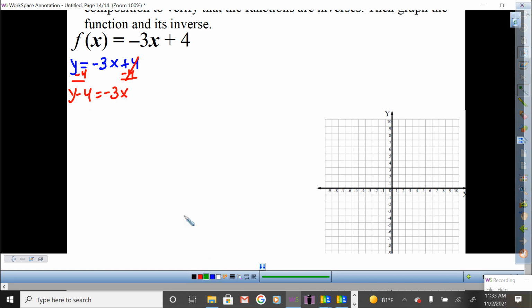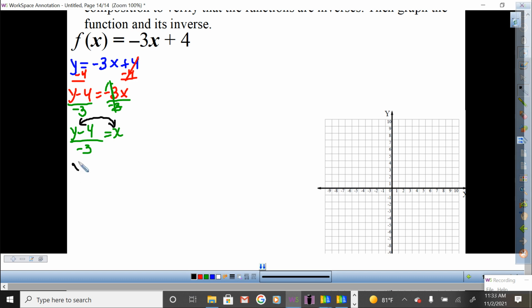Next, divide by negative 3, divide by negative 3. Giant 1, that leaves us with x on this side, and then we have y minus 4 over negative 3. Is that the inverse? No. Tell your neighbor what makes it the inverse. Everyone? Switch the variables. That is correct.